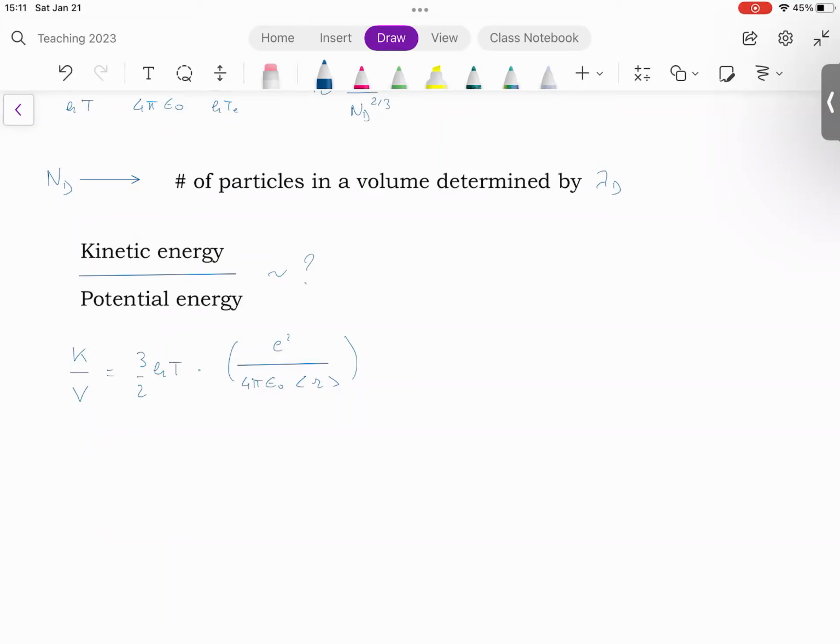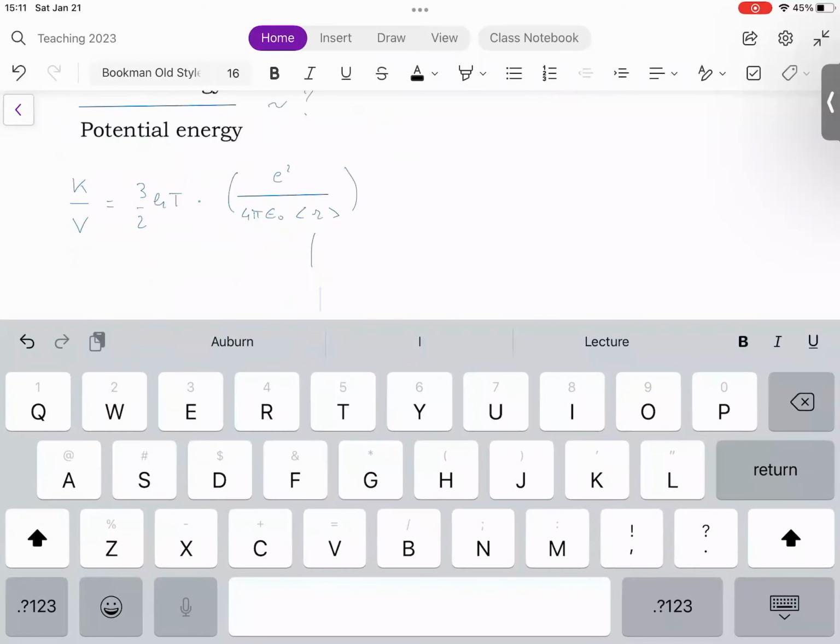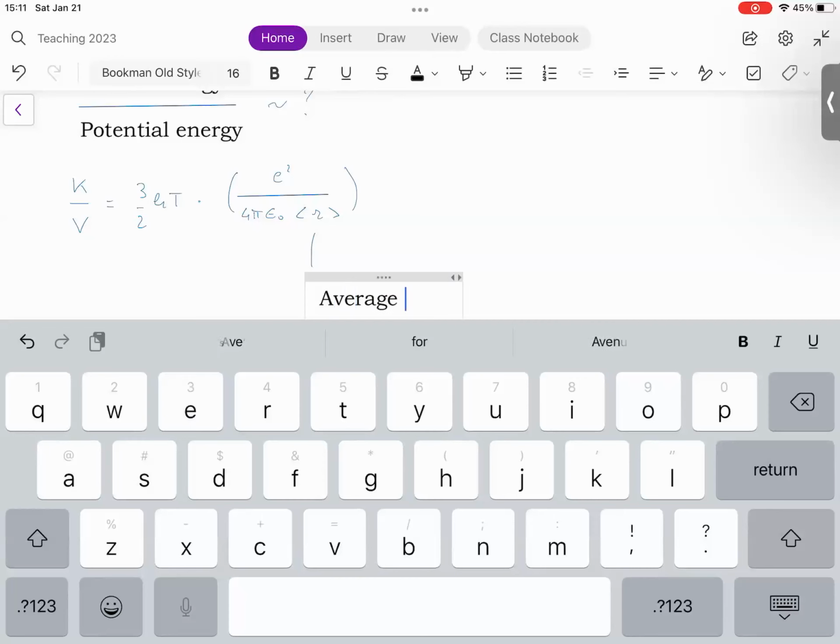And therefore, I need to use some average for the potential energy as well. This I'm going to define as the average separation between particles.